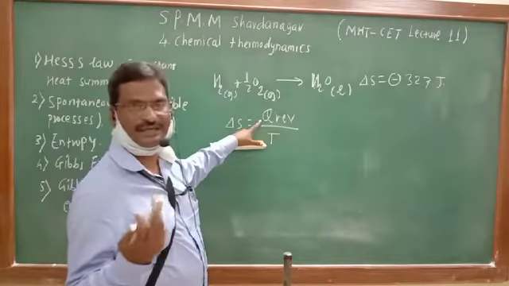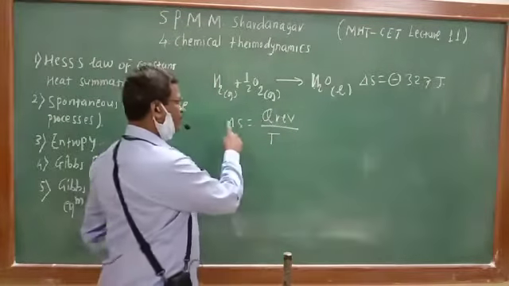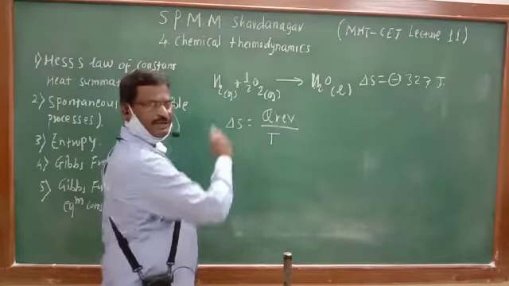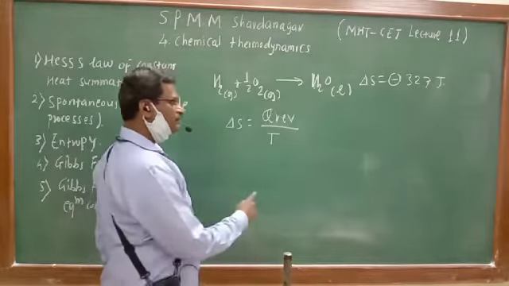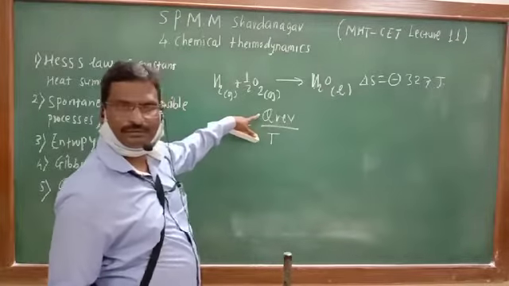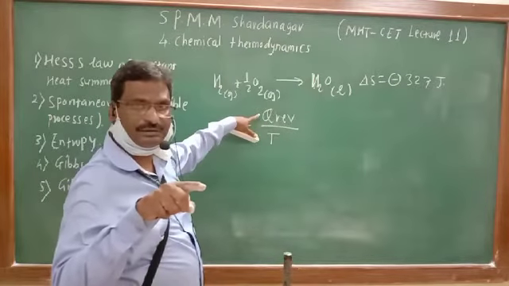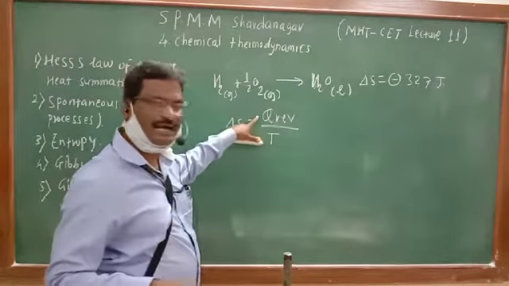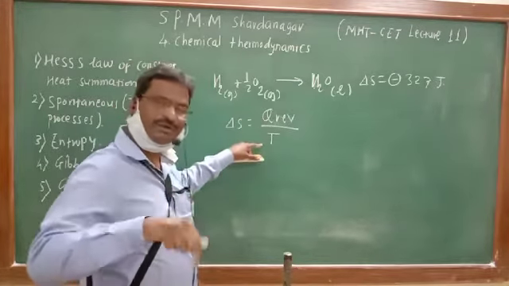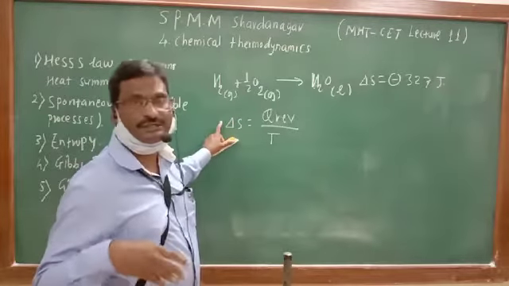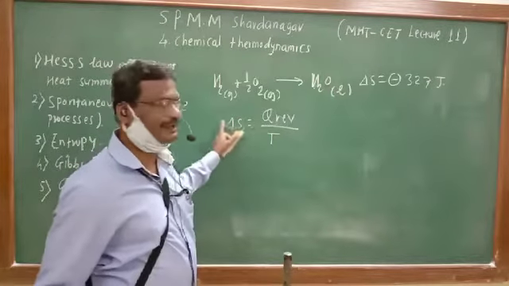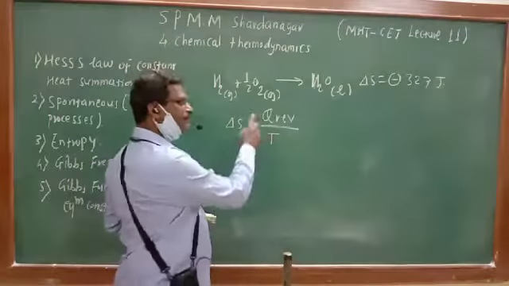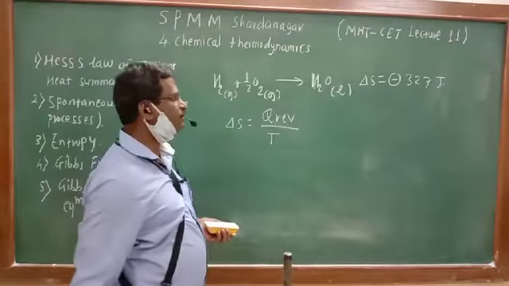Therefore, randomness increases. So entropy is directly proportional to heat absorbed in a reversible manner. But whenever heat is added at high temperature, the change in entropy is less. If heat is added to the system at low temperature, entropy change is more. Therefore, entropy and temperature are inversely proportional to each other. Entropy and heat absorbed are directly proportional to each other.